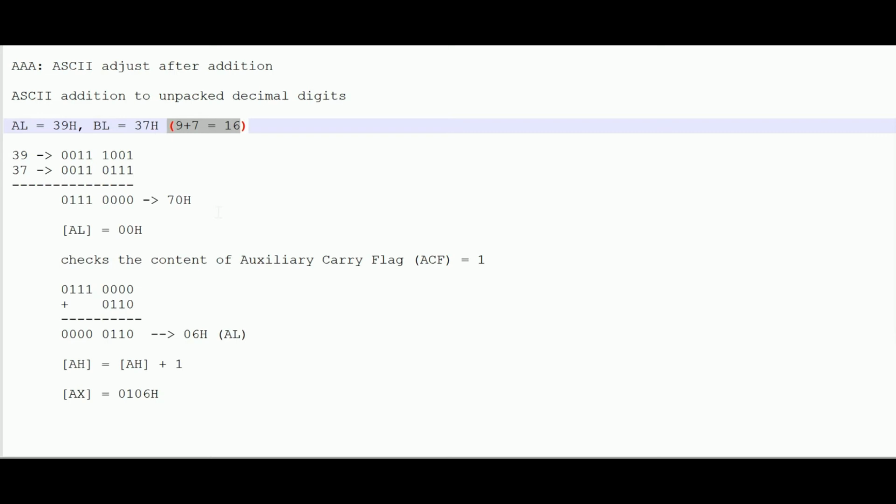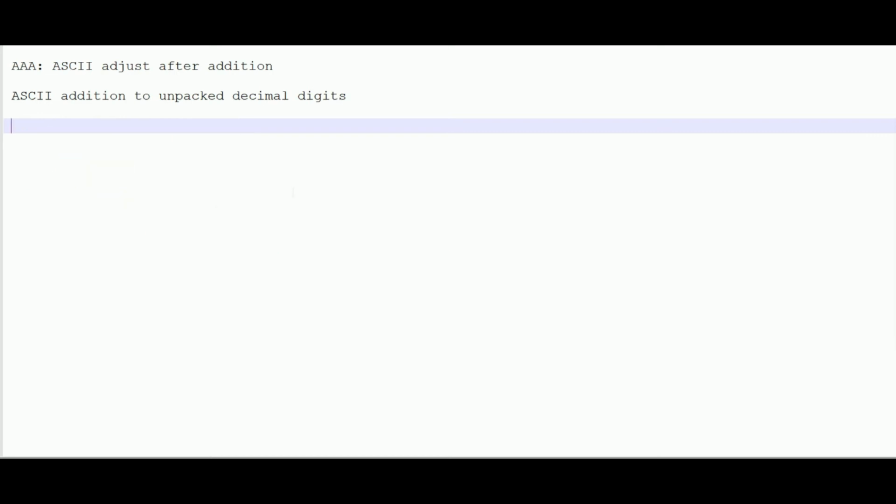Now we will proceed towards understanding the algorithm. From all these examples, what we have understood, we can frame an algorithm like this. The AAA instruction will check if the lower nibble of AL is greater than 9.